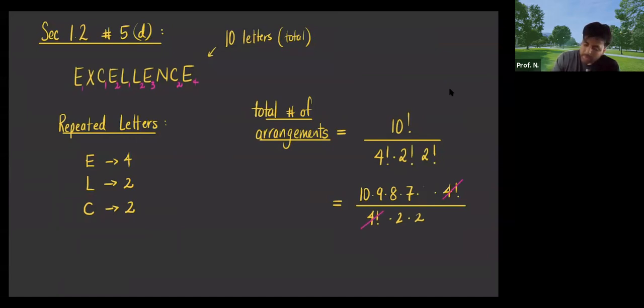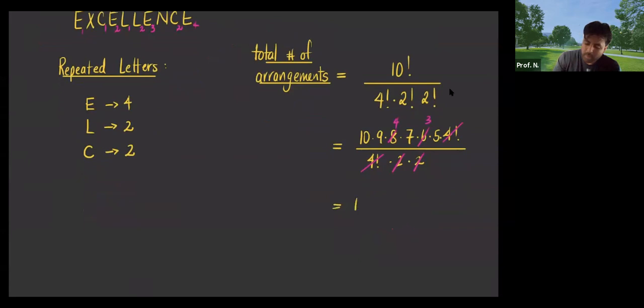I'm missing a 6. So this is 6 times 5 times 4. And then the 2 can go into the 6, and then this can go into the 4. So what's left is 10 times 9 times 4 times 7 times 3 times 5.